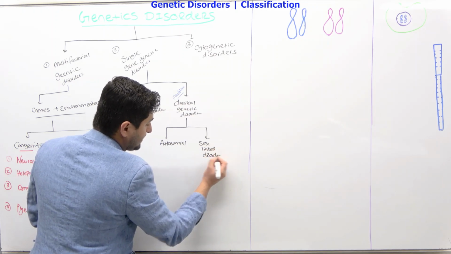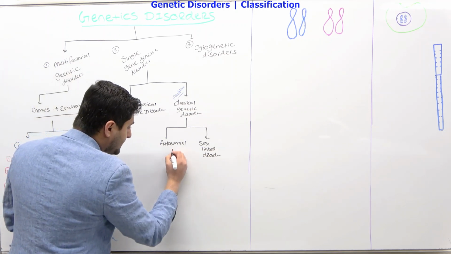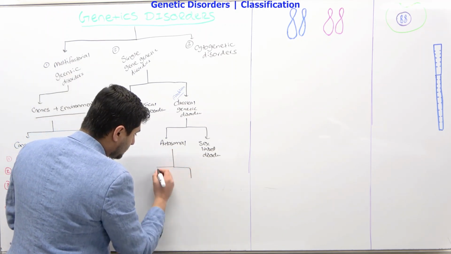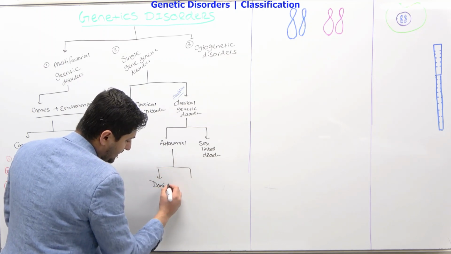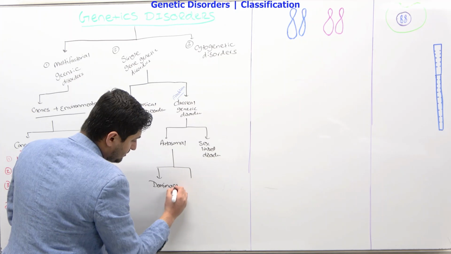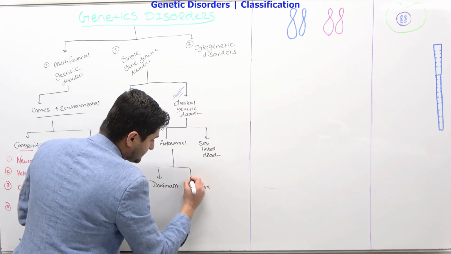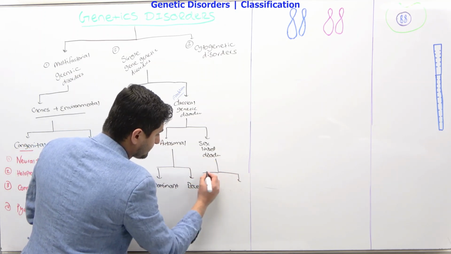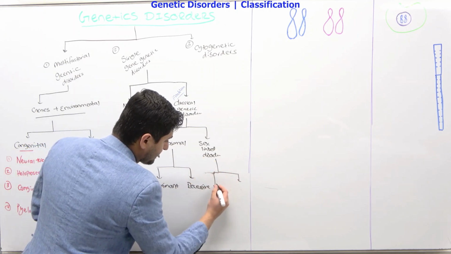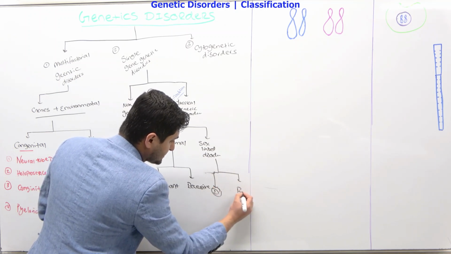Now, this autosomal could be in two forms. It could be dominant, or it could be recessive. Same with the sex-linked disorder. It could be dominant, or it could be recessive, right?